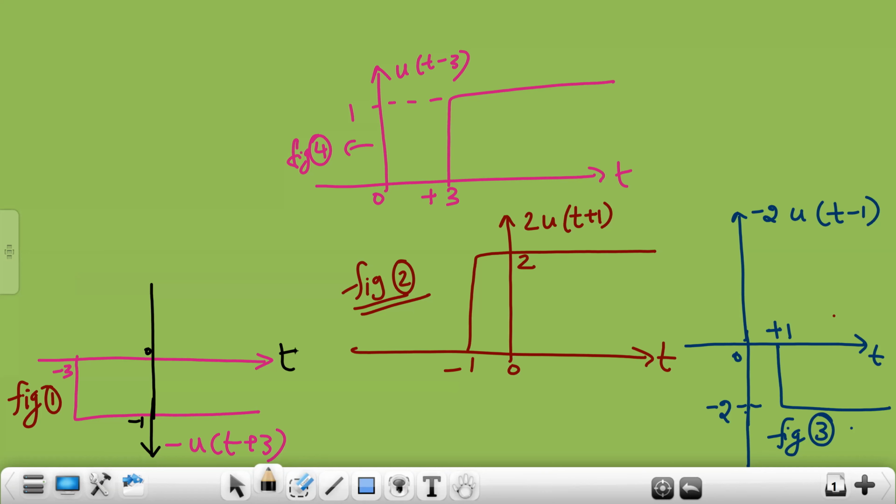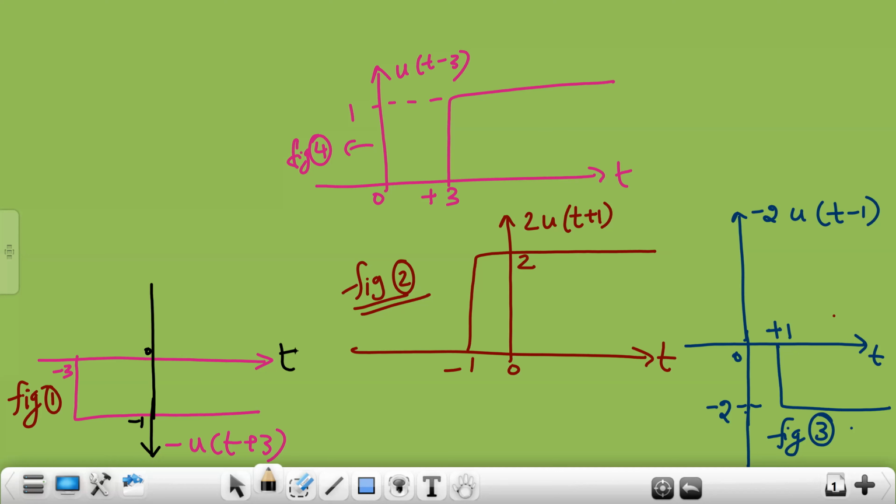Anybody can initiate me? -3. Yes, very good. You need to start from the extreme left. When you observe all the 4 waveforms together, the only waveform that is starting from the extreme left is your figure 1. So you are going to start from -3 to -2.